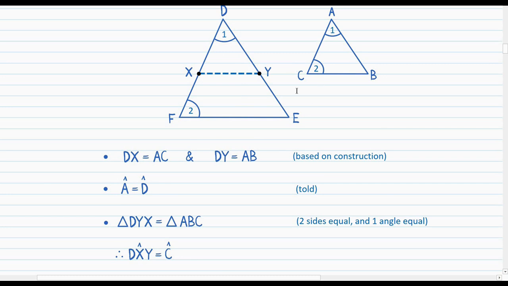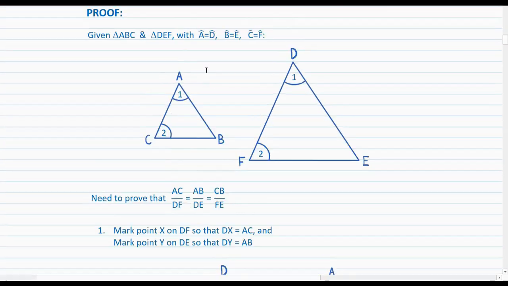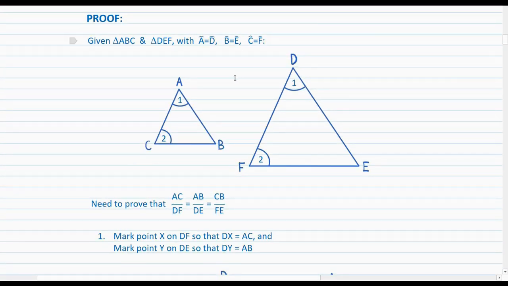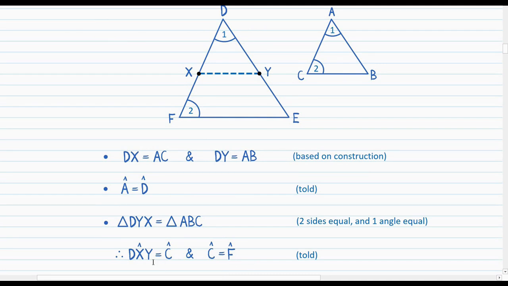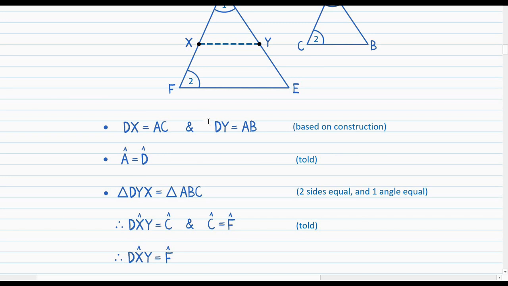Then we also know that this angle C is equal to this angle F, because that's what we were told at the beginning over here. So since DXY is equal to C and C is equal to F, we can conclude that DXY is equal to F.